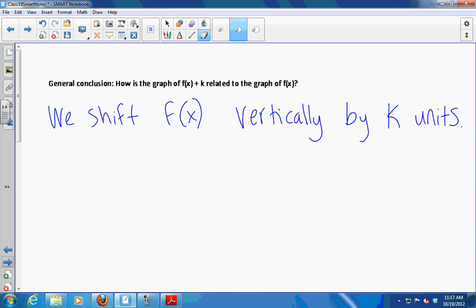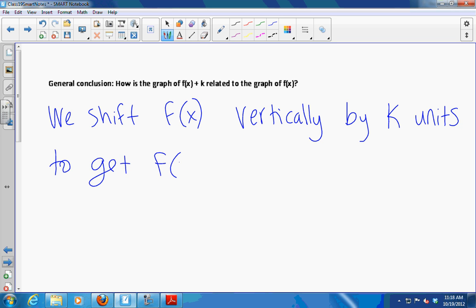I should say by k units to get f of x plus k. What if k is negative? You shift down. Yeah, great.